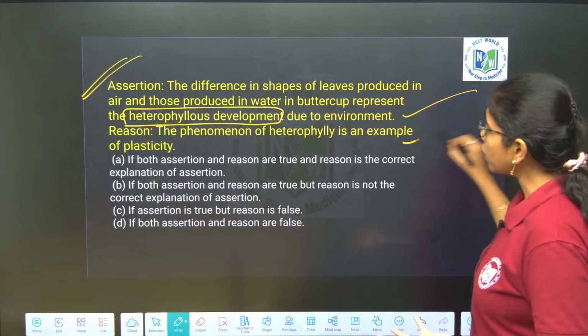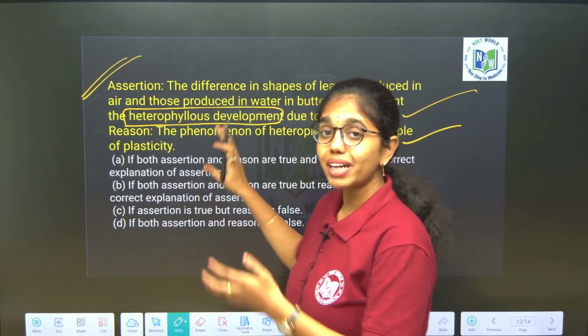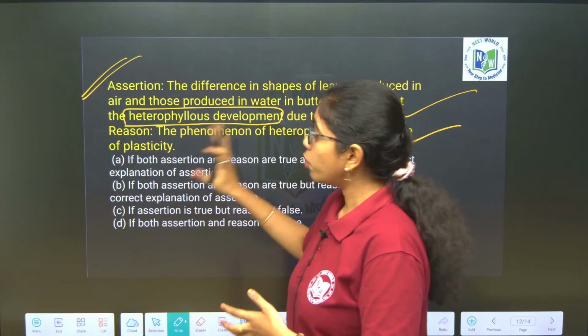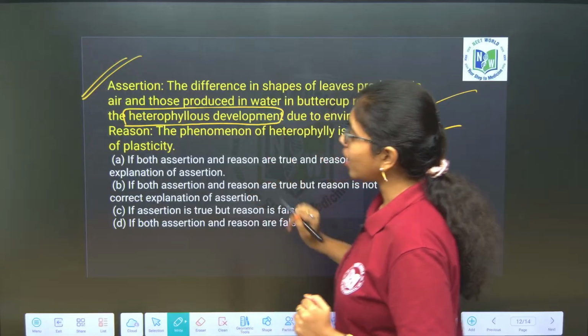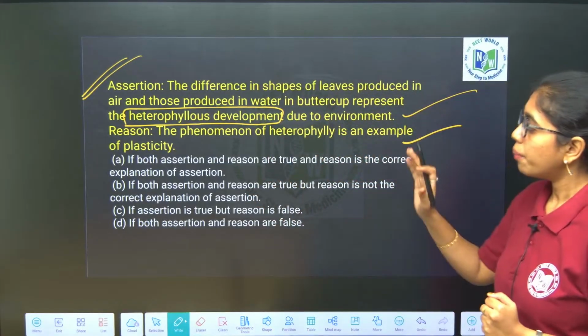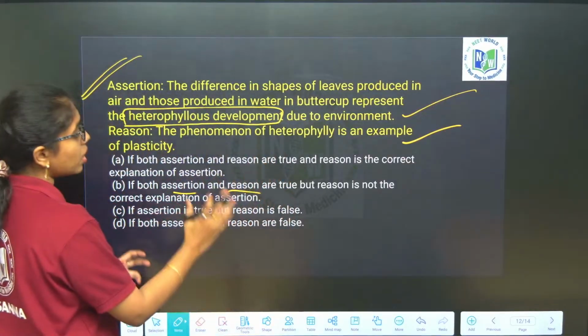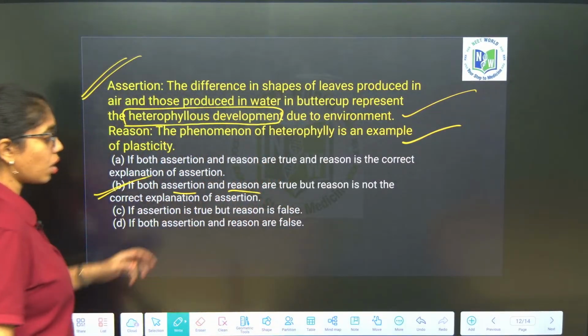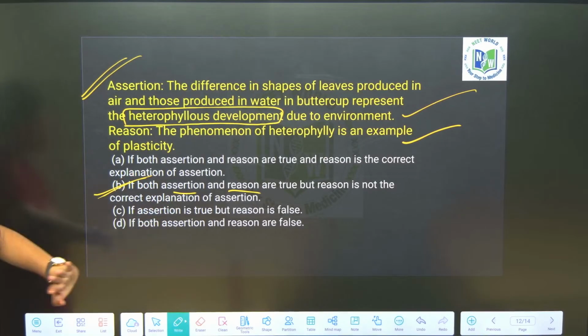Even this statement is correct, but both assertion and reason are true, and nowhere is the reason explaining the assertion. So what option do we have to choose? Both assertion and reason are true, but reason is not the correct explanation of assertion. So option B goes good with this question.